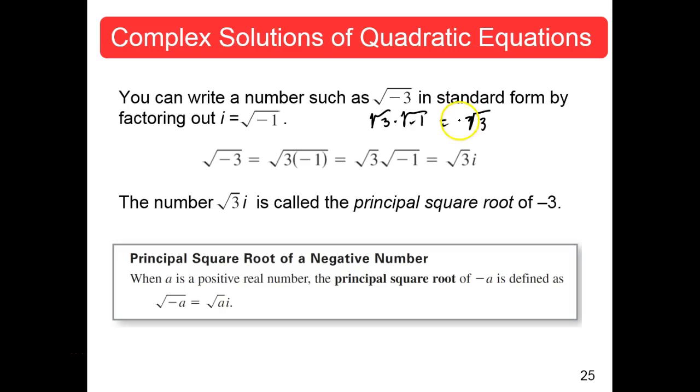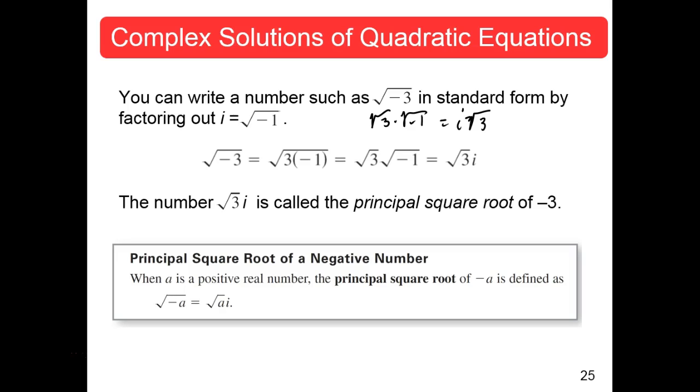So what I like to do is put the i in front. That way there's no mystery about it. You know it's not standard form, I admit that, but it's easy to read and easier not to make a mistake. But they're always going to write the square root of 3 times i, and they write it so close together, you have to really look hard to make sure you don't misinterpret.